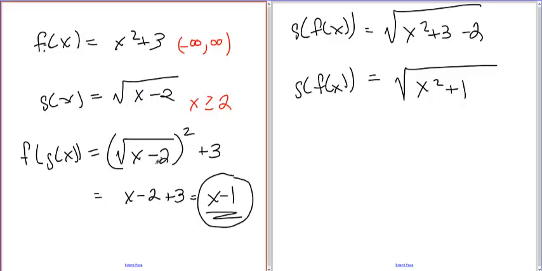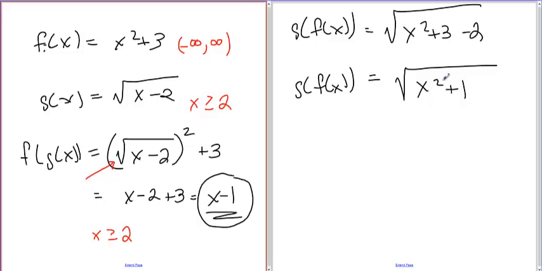As far as the composite functions, we look at this version before it's squared. And so this has the same domain as g of x. So x has to be greater than or equal to 2, because if I plug in x less than 2, like 0, I'll get the square root of a negative number. And I can't do that. Here, now this one you'd say I could use all real numbers, but you have to go back to the original unsimplified version of the composite function.